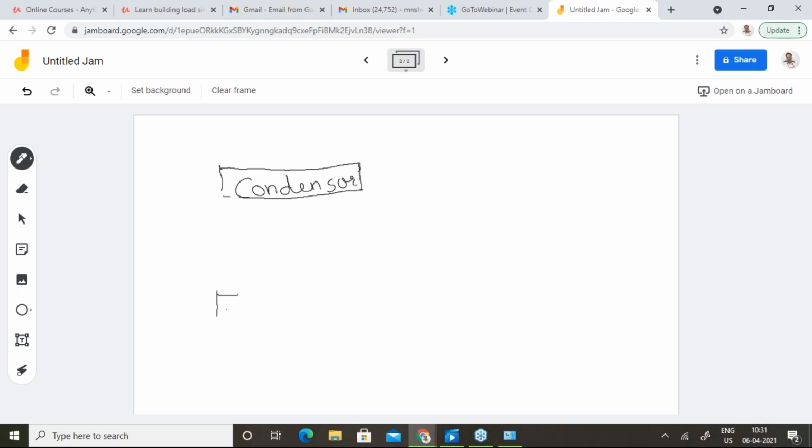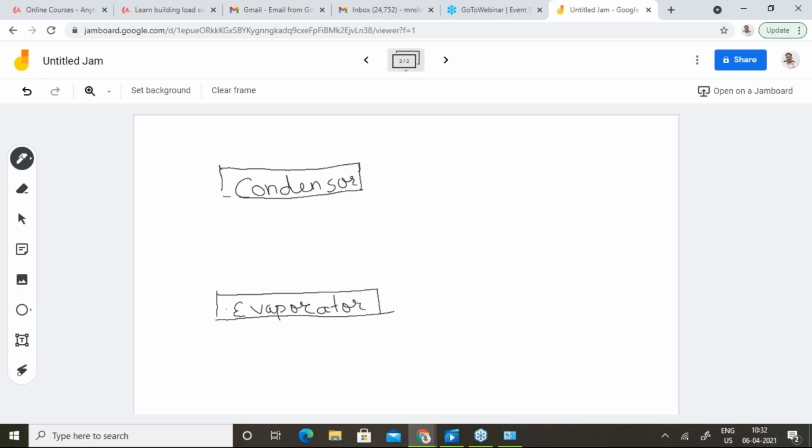Okay. So let us say that this is another heat exchanger which is to be maintained at a lower pressure, and it will utilize the phenomena of evaporation for absorbing the heat.